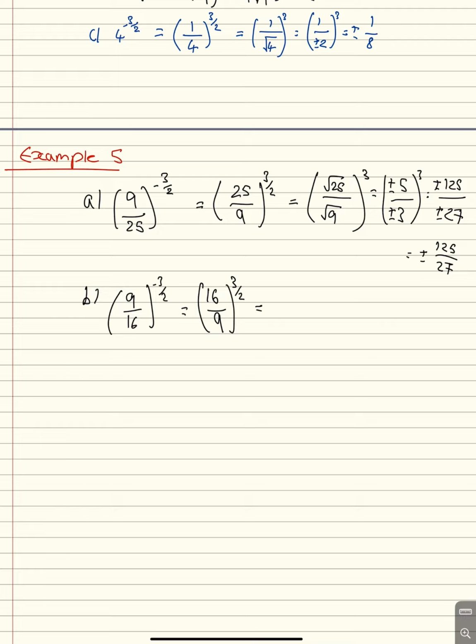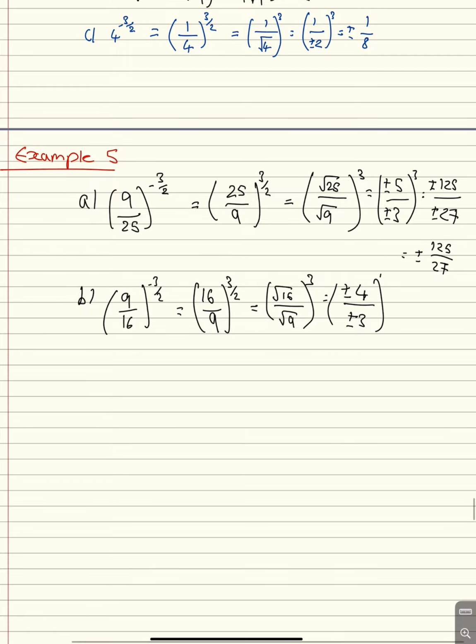Sort the denominator out first, so we take the square root of 16 and the square root of 9, and we put it all to the power of 3. The square root of 16 is plus or minus 4, and the square root of 9 is plus or minus 3.